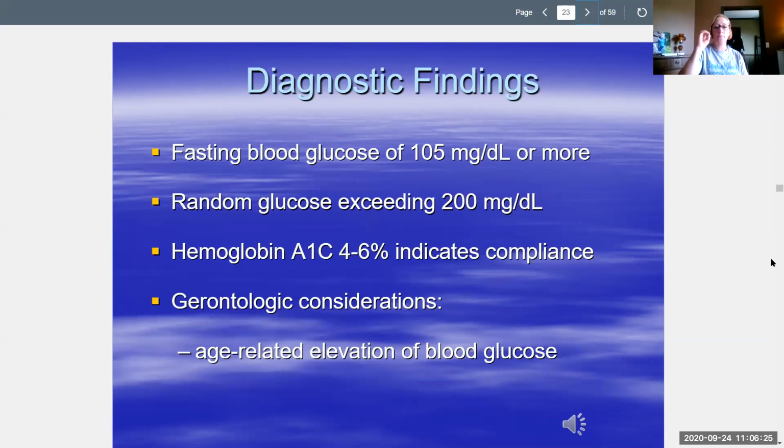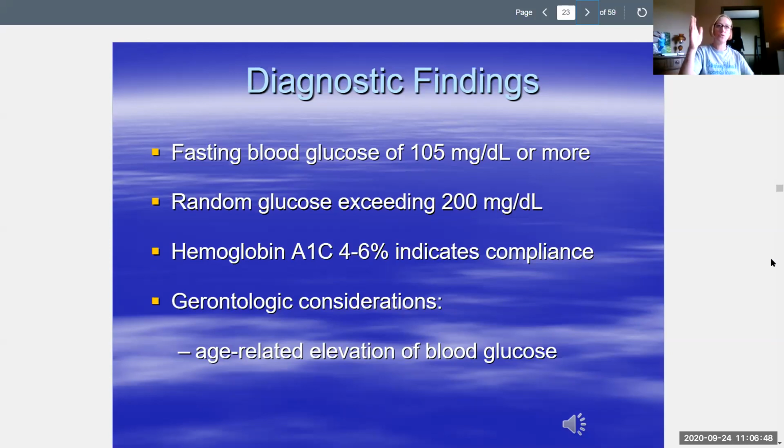We know that illnesses, diseases, stuff like that can increase our blood glucose levels. So if a patient's sick or stressed, or if they're on steroids for a COPD exacerbation, something like that, it can increase our blood glucose levels.